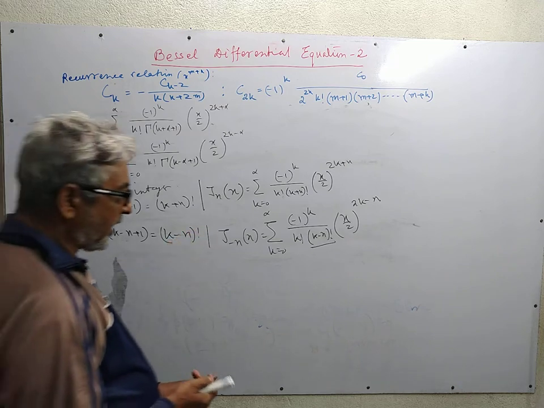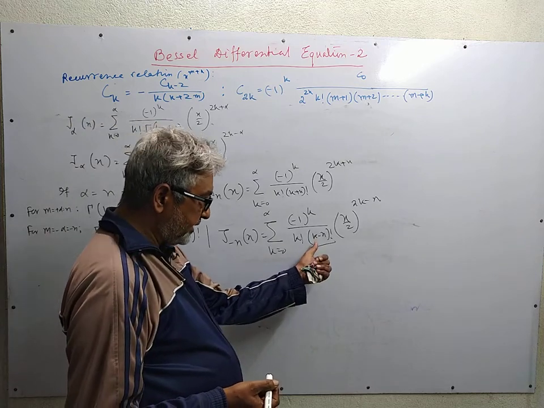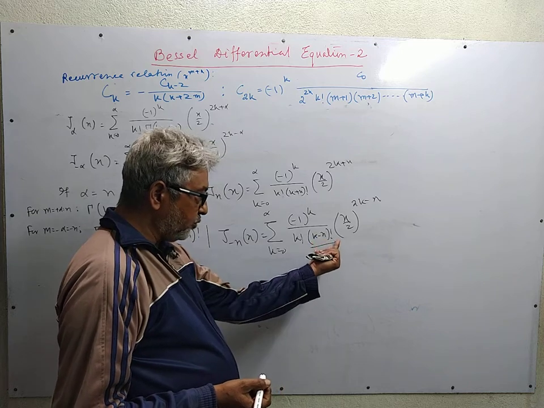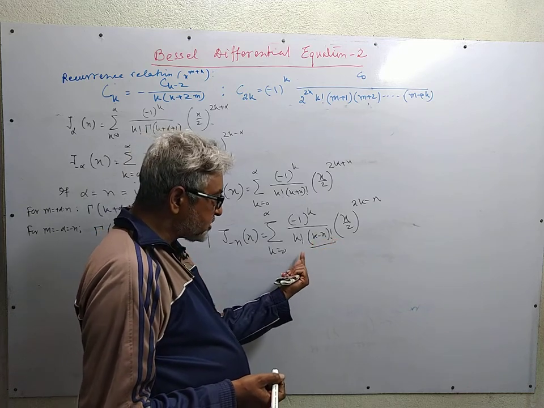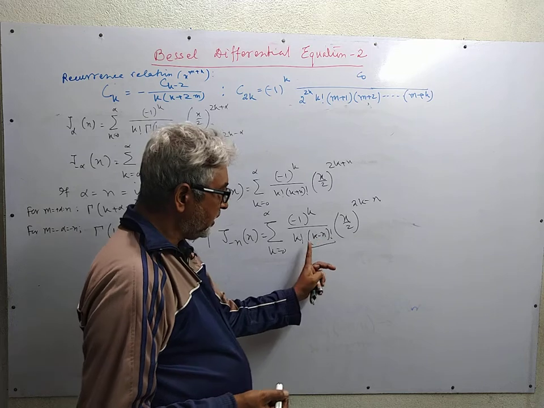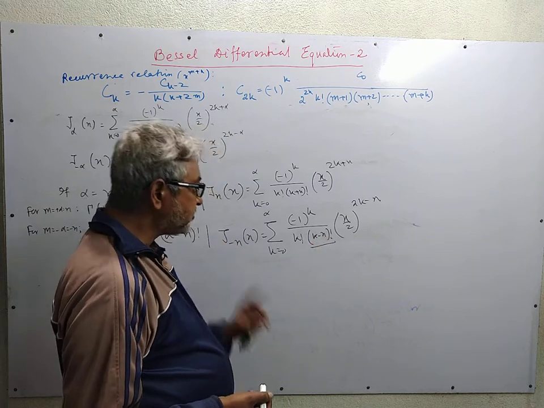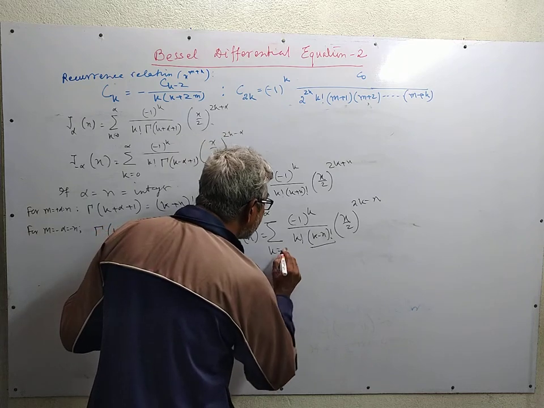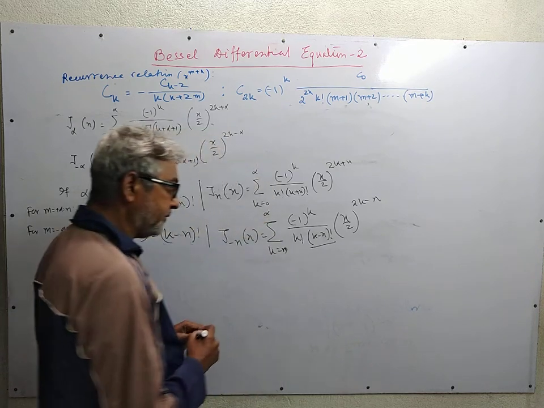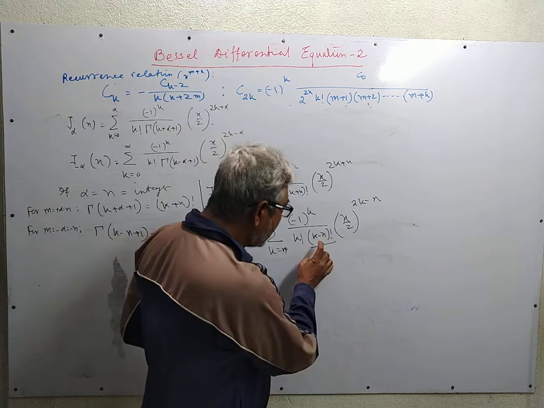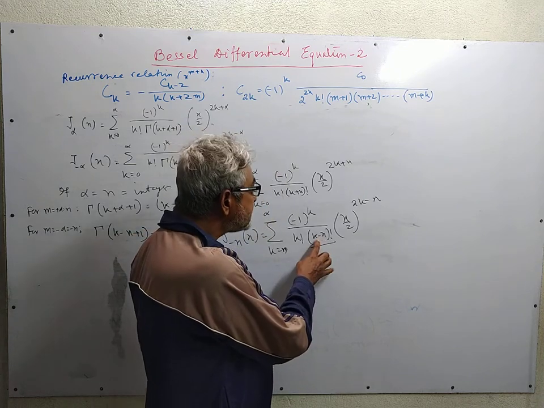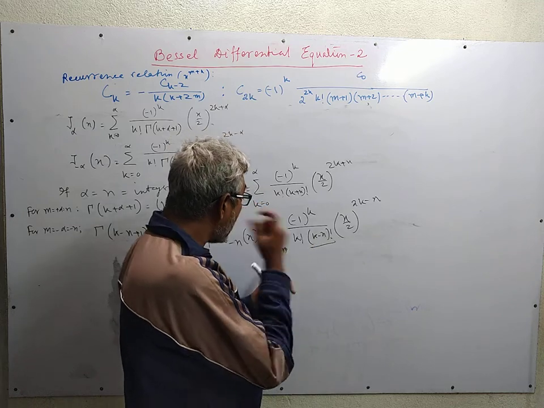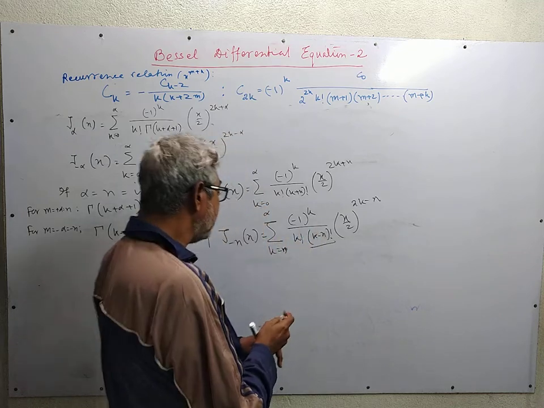Say n is equal to 5, then for k is equal to 0 it is negative integer whose factorial is not defined. This continues right up to k is equal to n. So the first contribution here is not from k is equal to 0, but from k is equal to n, in which case for k is equal to n this term is factorial 0, and the other higher contributions are defined.